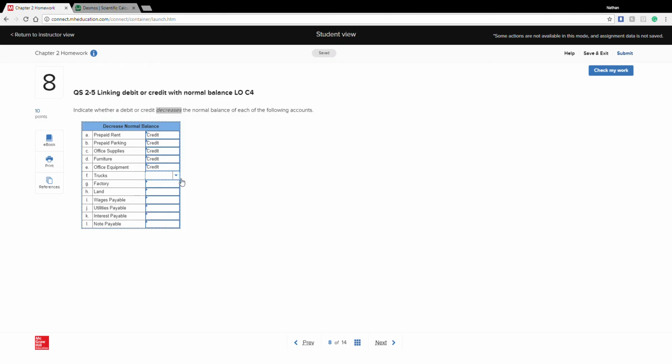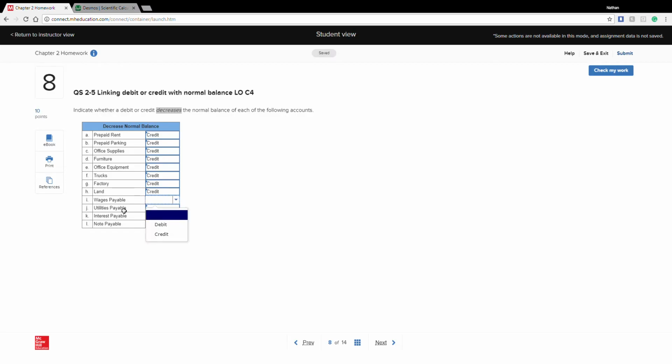Ooh, I hit a lot of fixed assets in this one. So all these that are so specific, like land that I can physically touch, factory, that's my building, trucks, vehicles, office equipment, furniture. All of these are a type of asset known as fixed assets. And it almost hits every different category on that one. So anything that's more specific, that is going to be a credit.